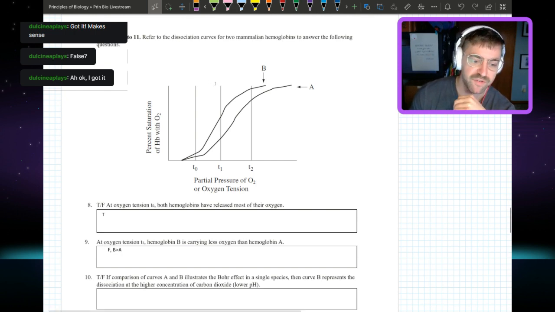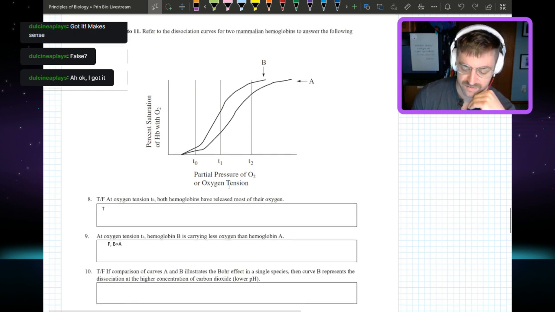And question 10, if a comparison of curves A and B illustrates the Bohr effect on a single species, then curve B represents the dissociation at the higher concentration of carbon dioxide or lower pH.